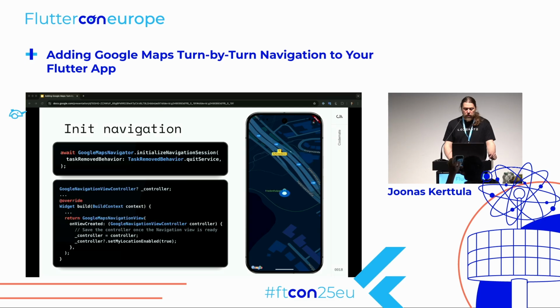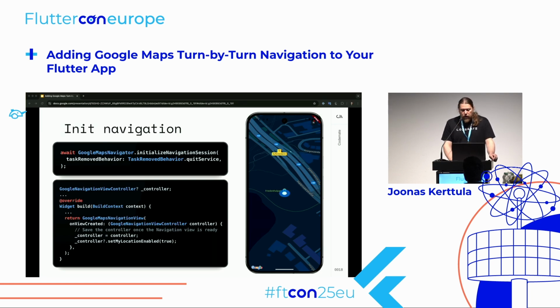There are a few options. You can quit the service. It means that when you close the application, the navigation stops as well. But there's also an option to put it in continue mode, which means that even if you close the application, it keeps the background process running and the navigation is running. And if you open the application again, you can continue the navigation process.